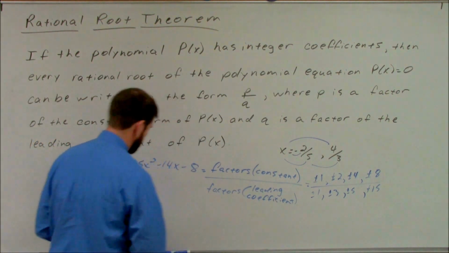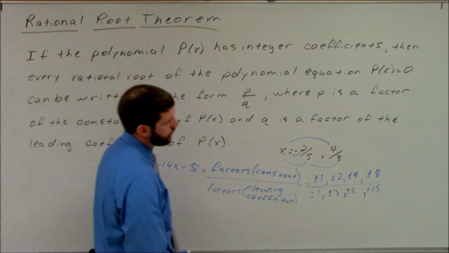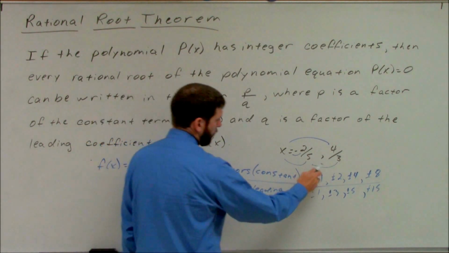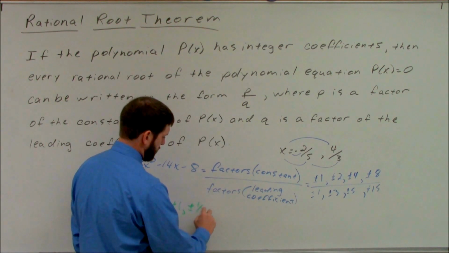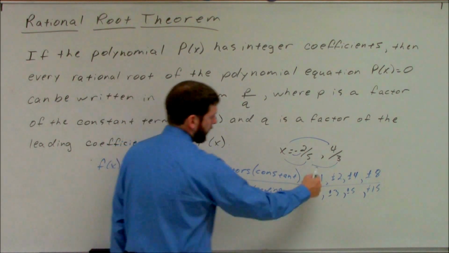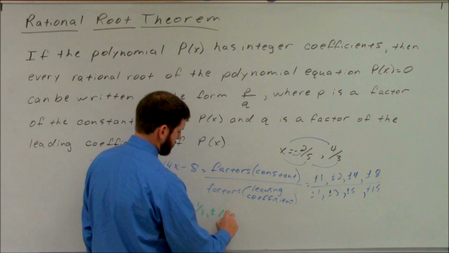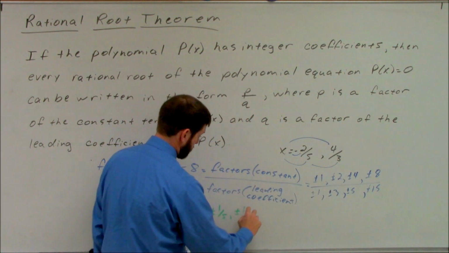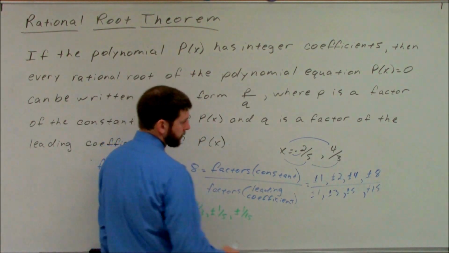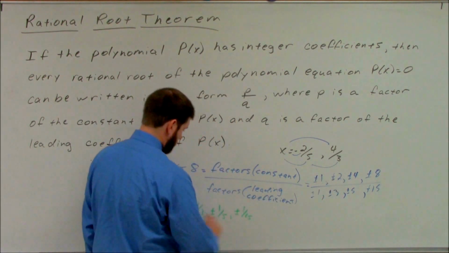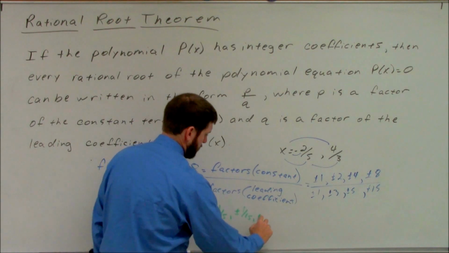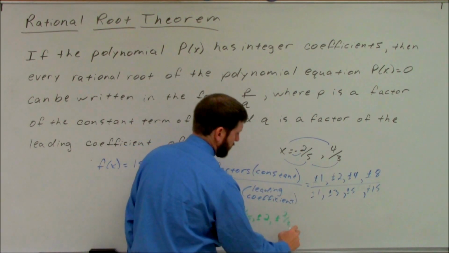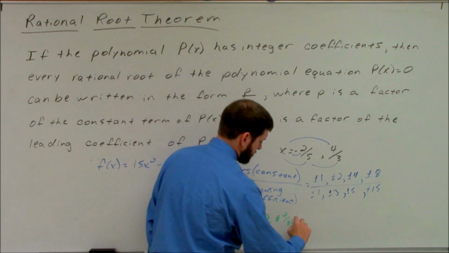Let's look at what that list would look like. So 1 over 1 would be plus or minus 1. 1 over 3 would be plus or minus 1/3. 1 over 5 would be plus or minus 1/5. 1 over 15 is plus or minus 1/15. Then the 2's. 2 over 1 is 2. 2 over 3 is 2/3. 2 over 5 is 2/5.